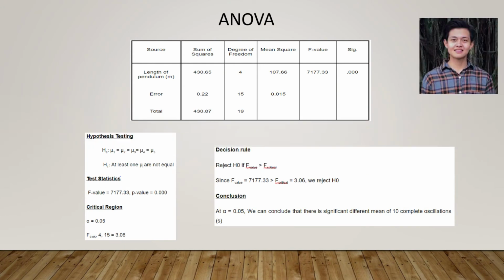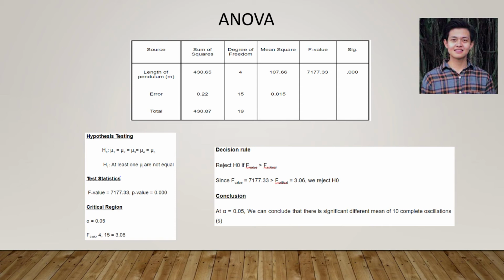Okay, for the first data analysis, we conduct analysis of variance, ANOVA, for the mean difference in time of 10 complete oscillations. Based on table 2 ANOVA, we already calculated the sum of squares, degrees of freedom, mean square, and F value.